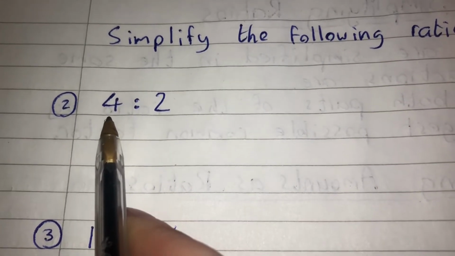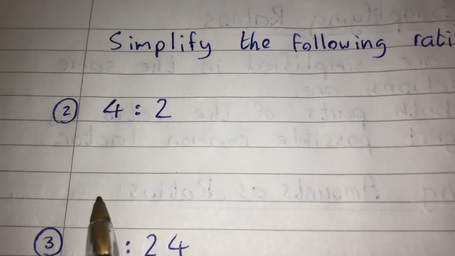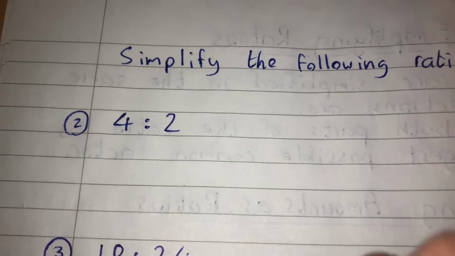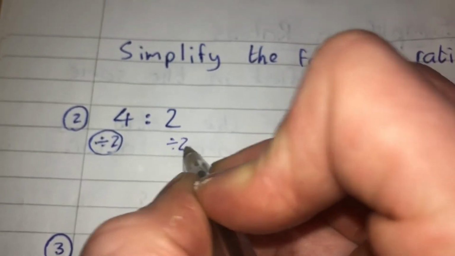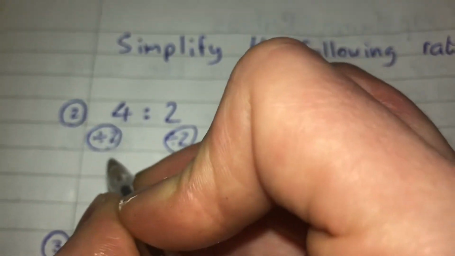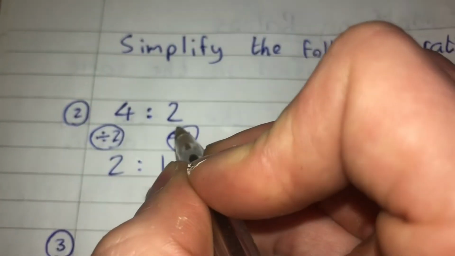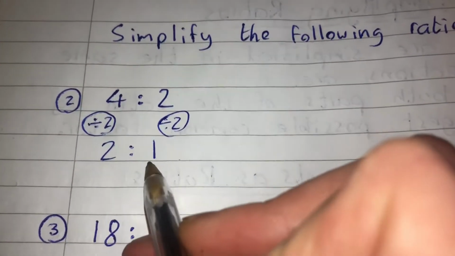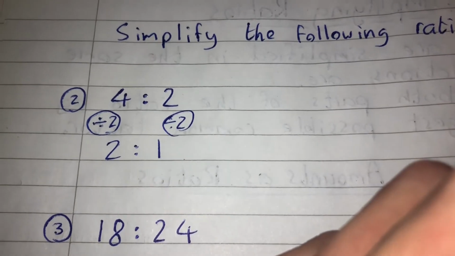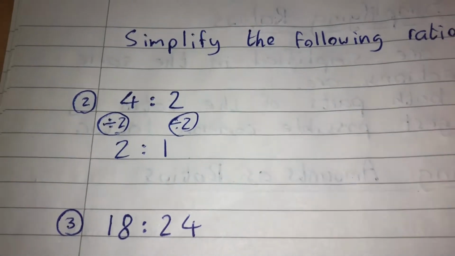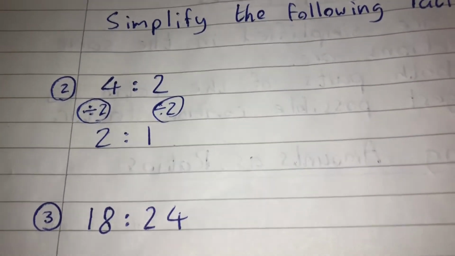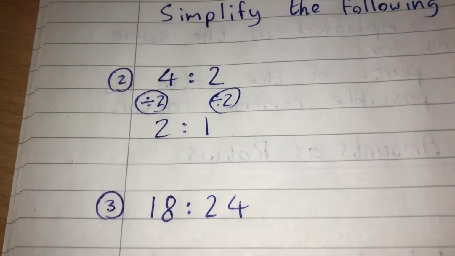If I was to look at this, 4 to 2, the largest number that goes into both 4 and 2 is just 2. So all I'm going to do is divide both sides by 2. So 4 divided by 2 is 2, and 2 divided by 2 is 1. So 4 to 2 simplifies to 2 to 1, in the same way that 2 quarters would simplify down to a half. So again, very, very similar to how we simplify fractions.